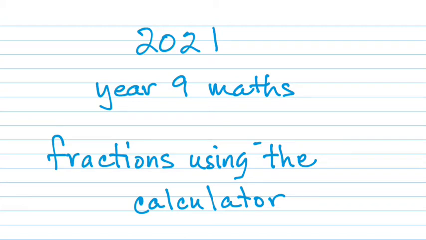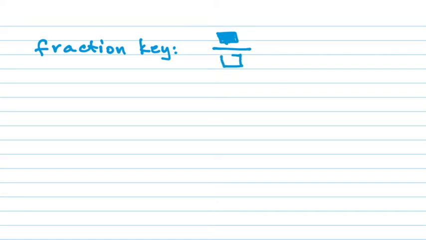Here we go. So what we're going to do first is talk about a couple of different keys on your calculator. The first key that I want to talk about is the fraction key. This is the button that you're going to use when you enter a fraction into the calculator. First, I'm just going to identify the key, and everybody look on your calculator and find it. Then I'm going to talk to you about how to use it. The fraction key on your particular calculator has a little white box over a little empty box.